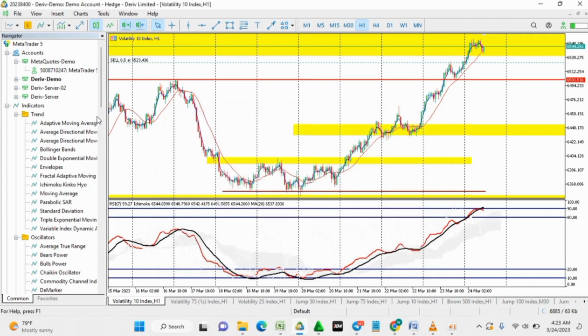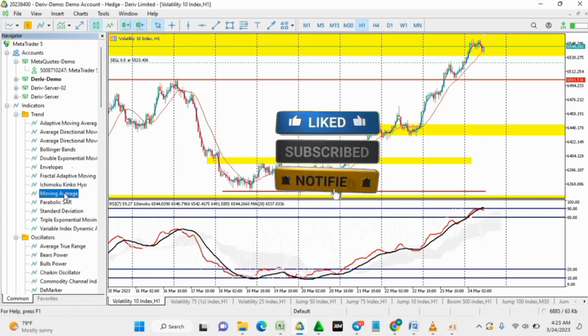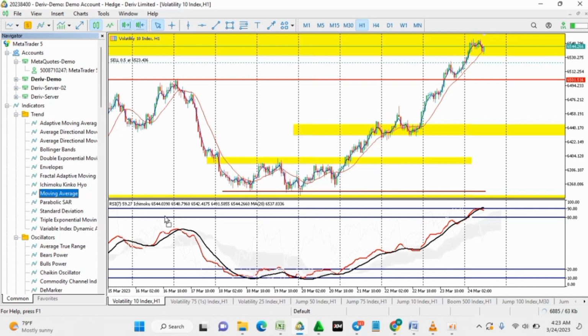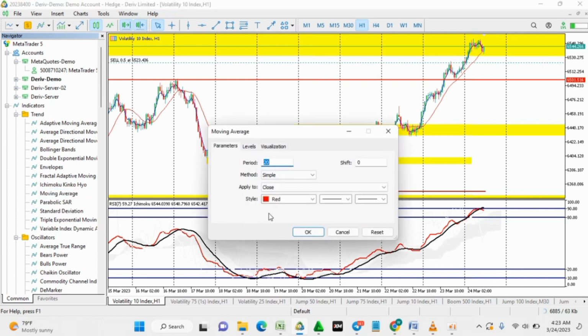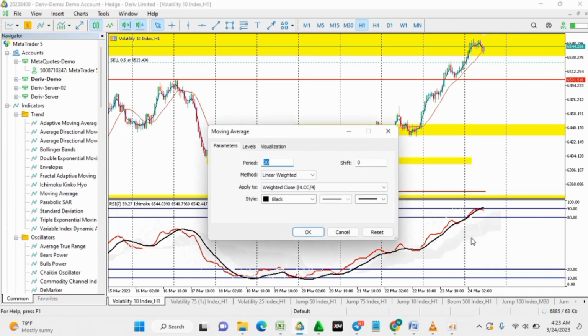So the next step is to put the moving average, and the moving average is here. Again, click on it, drag and release. Then you also modify. So my moving average is here. These are the settings, please. The moving average, I go to properties.